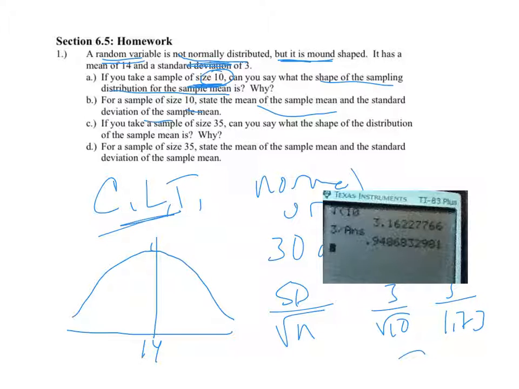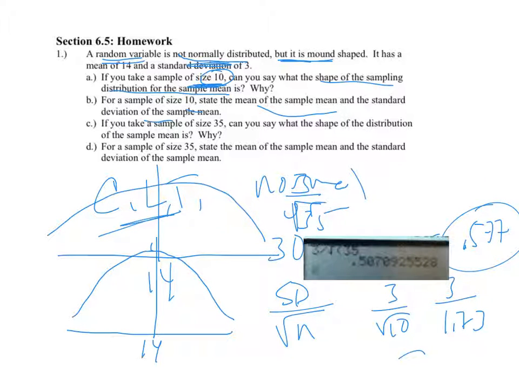But then for part C now we can start working with this because we're meeting that condition. We know it's not normal, but we've got that sample size that's greater than 35. So we're good to go. The central limit theorem applies. The shape is going to be normally distributed.